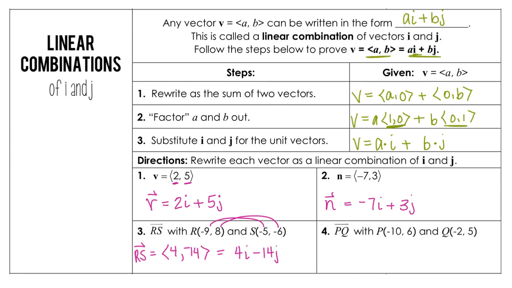And then looking at our other problem, we're going to do the same thing. Again, we need to rewrite PQ in its component form. And that's going to be negative 2 minus a negative 10, and 5 minus 6. And so now we can rewrite this in linear combination form to be 8 times i minus 1 times j.